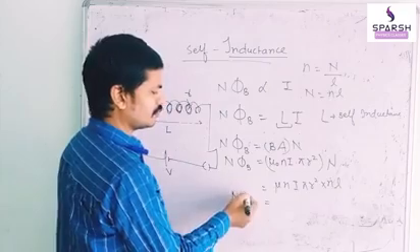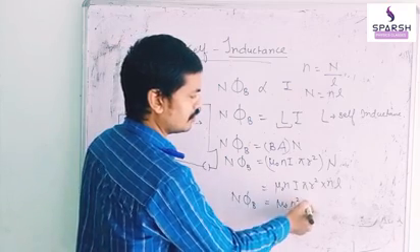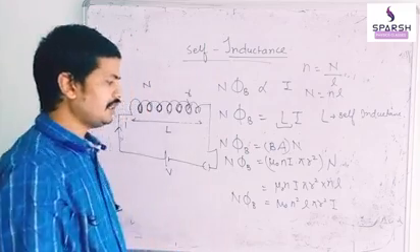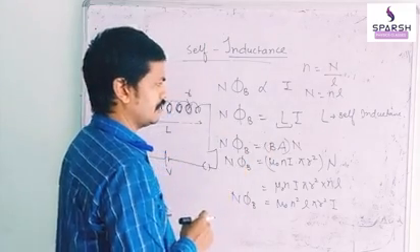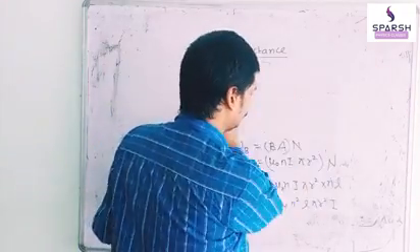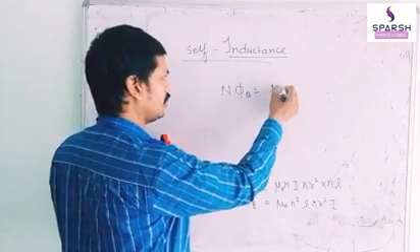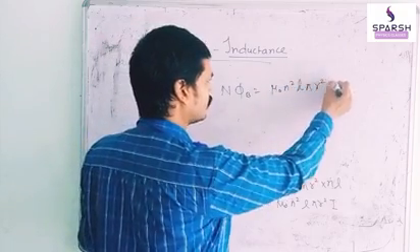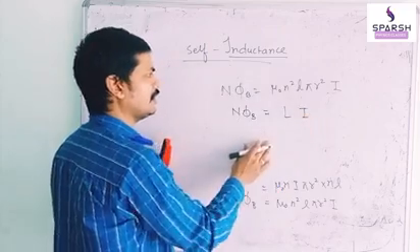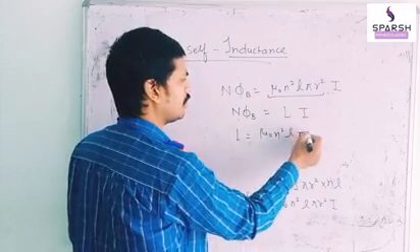So now this equation becomes mu naught n square l pi r square I. So let us see what will be the value of L. N phi B is equal to mu naught n square l pi r square I, and we are comparing with the original equation, that is N phi B is equal to L I. So L can be written as mu naught n square l pi r square.